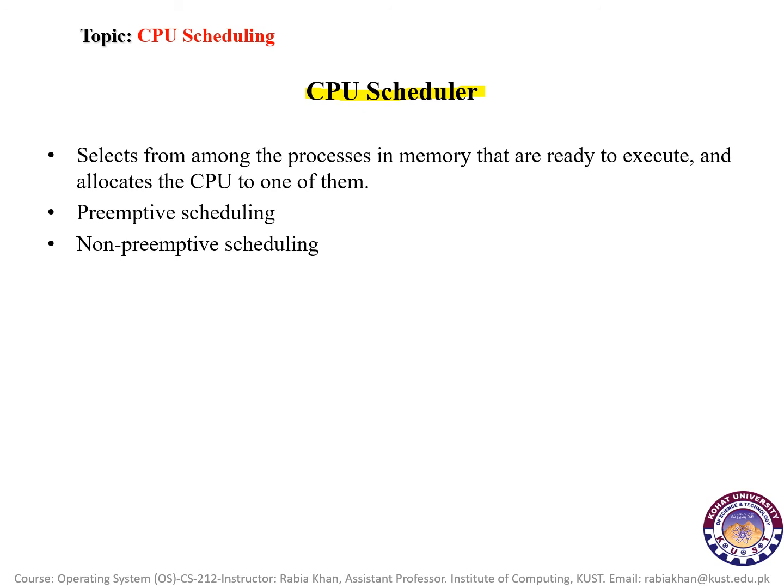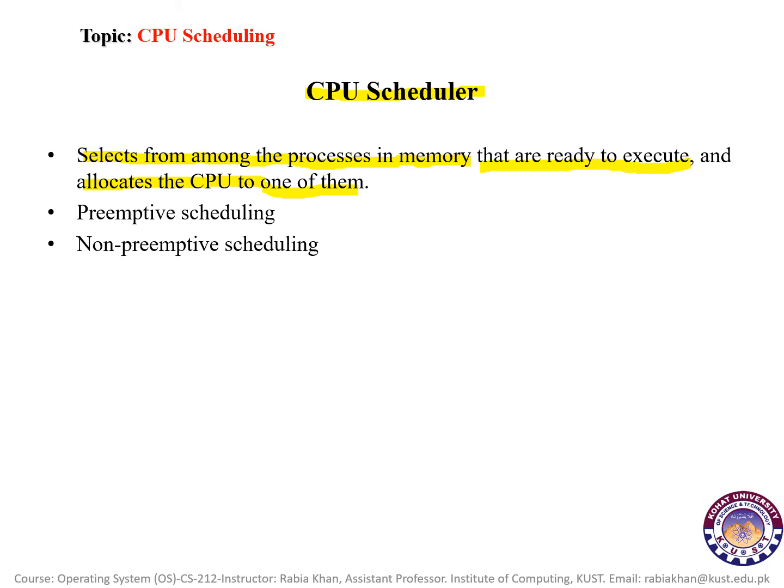It mainly selects from among the processes in memory. That means it mainly shuffles the processes within the RAM and selects the one that should be sent next to the CPU. So it selects from among the processes in RAM that are ready to execute, as the processes in RAM are in ready state, and then allocates the CPU to one of them. This allocation of CPU is actually done by another function of the operating system which we call the dispatcher.